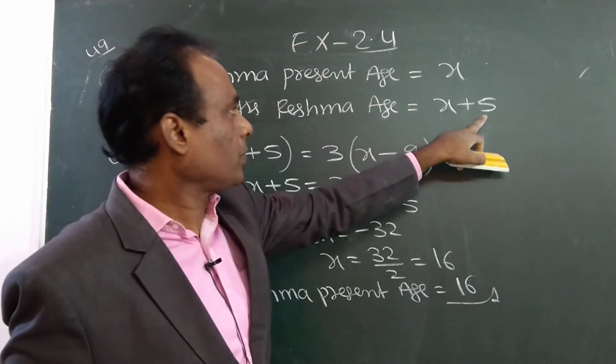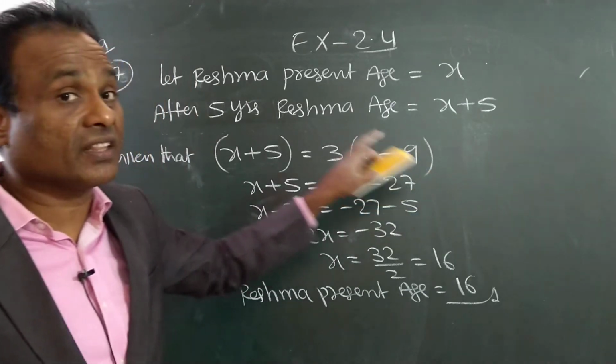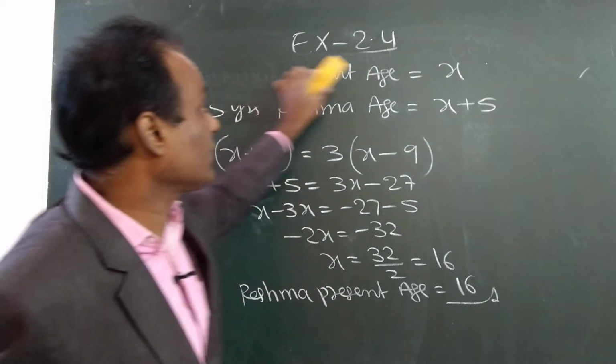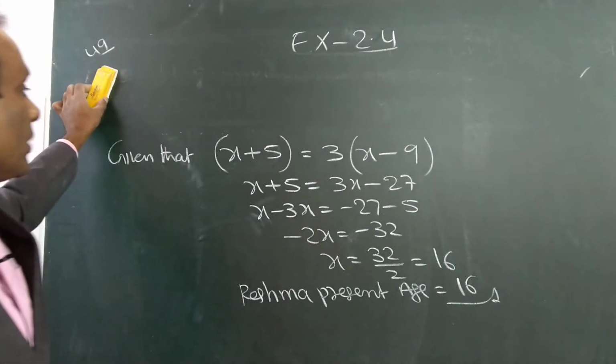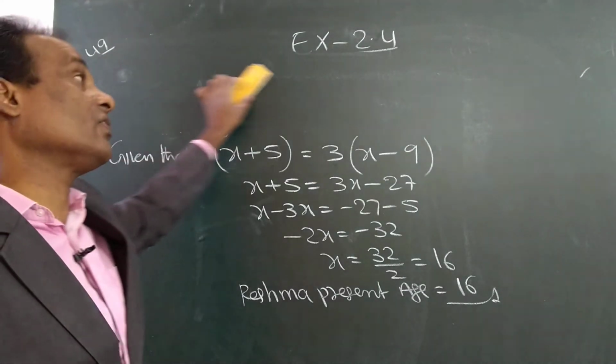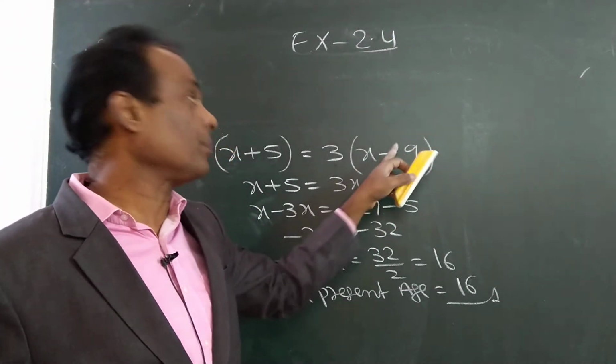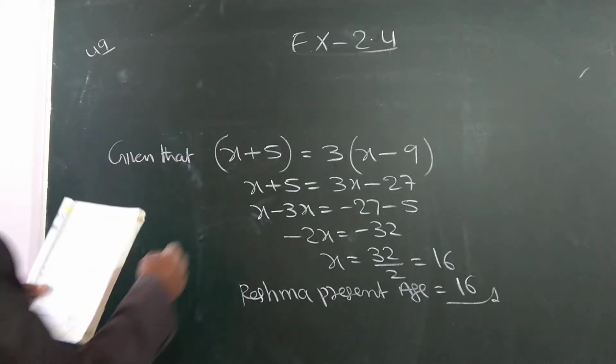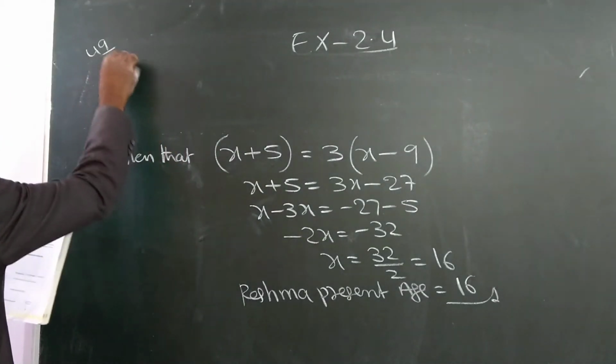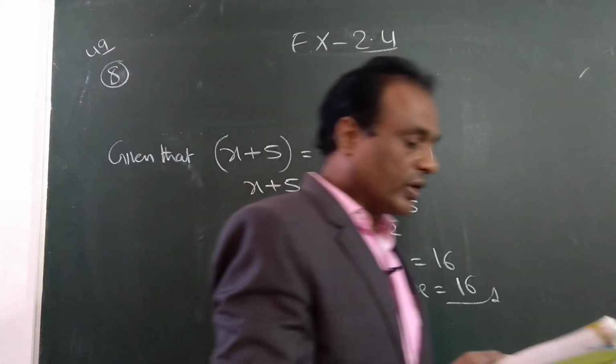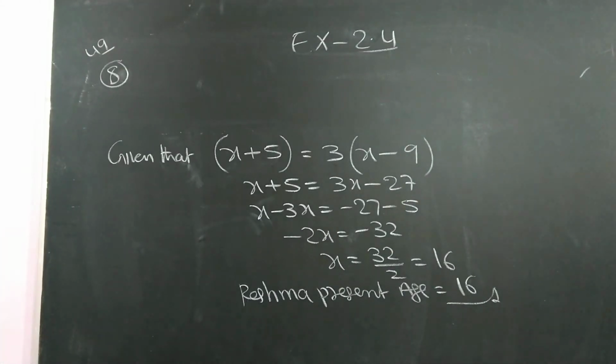Why it is x plus 5, why it is x minus 9, that you will see. After 5 years it will become x plus 5, and 9 years ago means 9 years back, subtraction. Read the 8th question, read it 2 times.